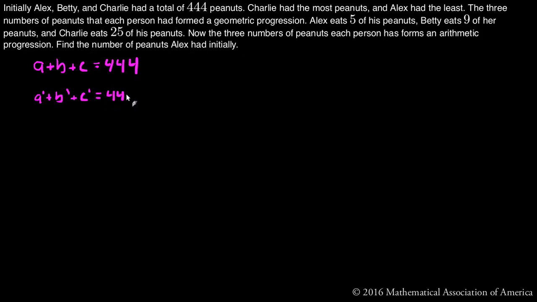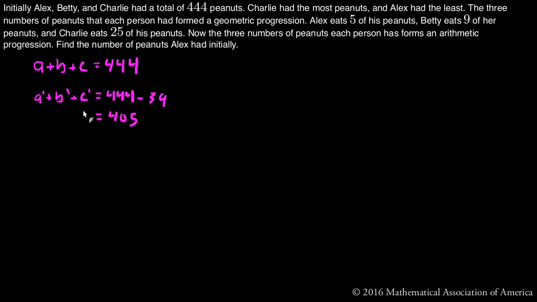And I noticed that 5 plus 9 is 14, plus 25 gives me 39, so they ate 39 peanuts. That's 405.